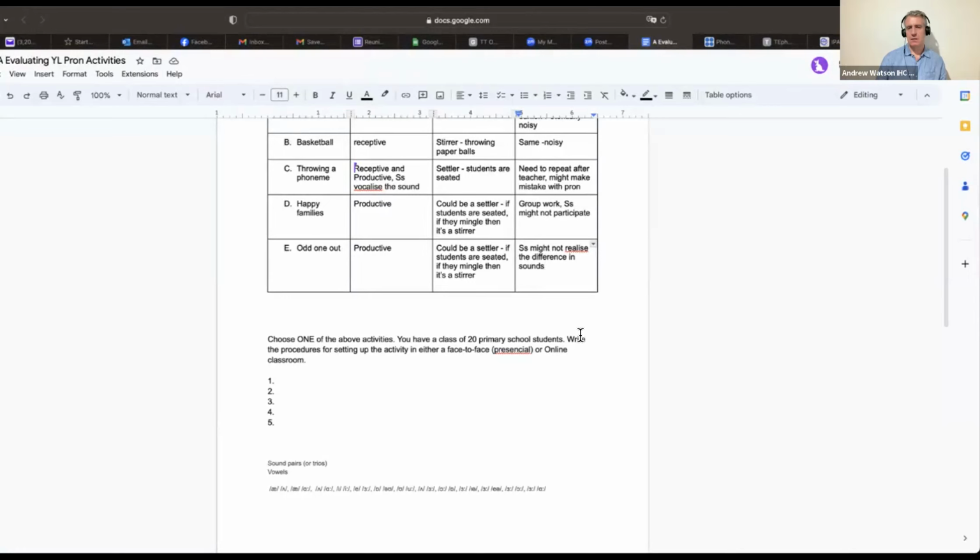And also it's an activity, in this case, we think that it's both settler, because the students are going to be sitting, and also a stirrer when they mingle. Yeah, you could ask the students to get up and move around, right?